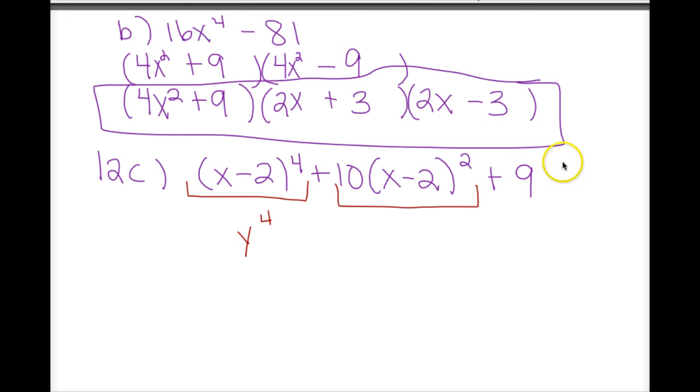If we were to say that y is x minus 2, then this would take the form y to the fourth plus 10y squared plus 9. And I think that most of you, when you look at this, would see that this factors. So it's just trying to get you to make that connection. Now you can use a substitution. If that makes this easier for you, feel free anytime you know that it's this type to make a substitution.